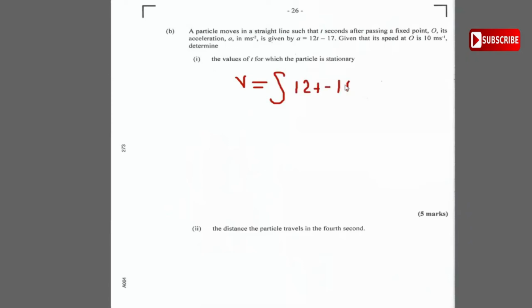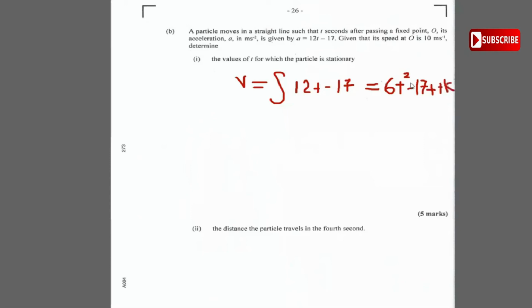When we integrate this, we add 1 to the power and divide by the power. That gives us 12t squared over 2, which is just 6t squared, minus 17t, plus some constant, which we can call k.